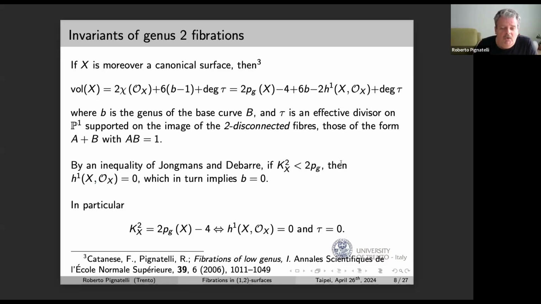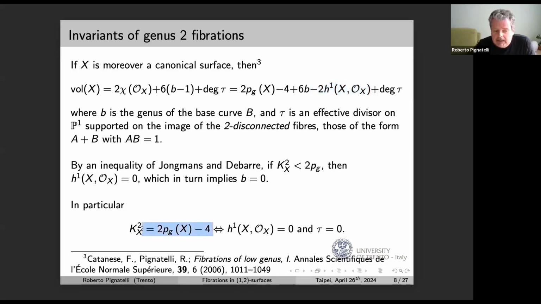So, since I want to study what happens when the inequality is an equality, I can forget about it. I can assume this to be 0. And in fact, what I get is the equality. Now, I wrote K squared because I supposed a canonical surface.